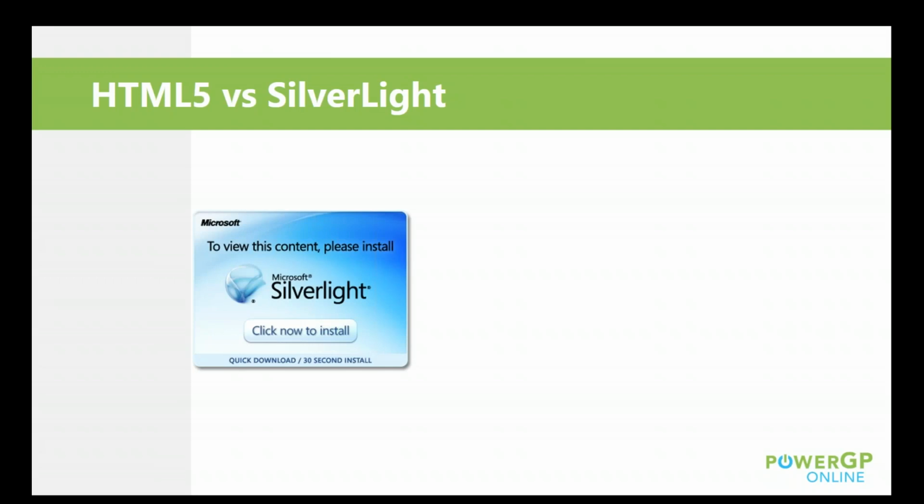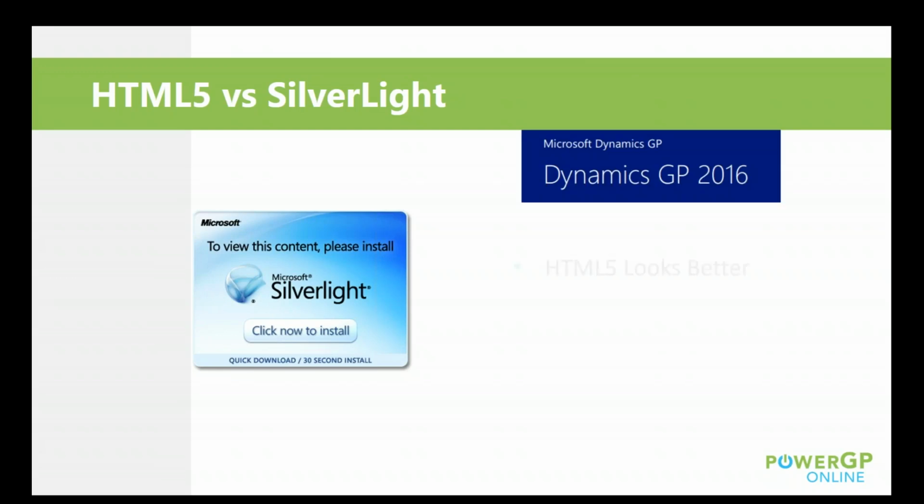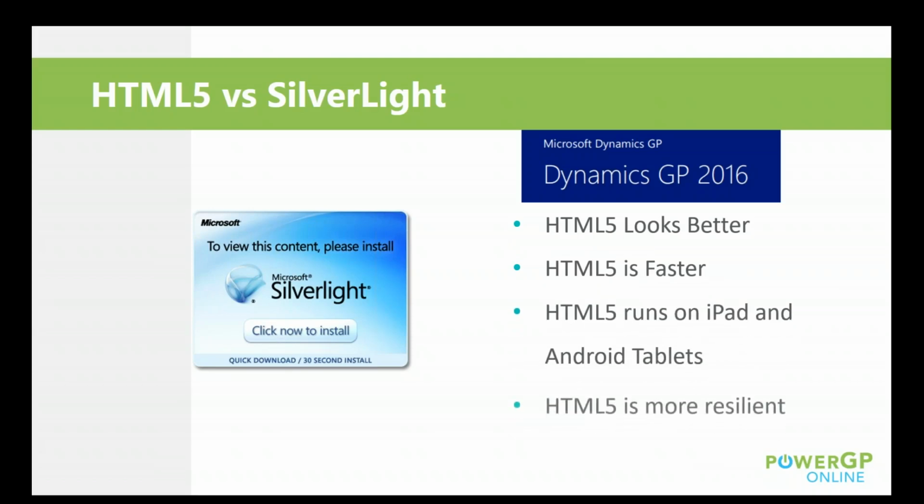It still meant GP was built in Dexterity, which is built on the language C. So it still had that same kind of look and feel, but it would only work on a Windows machine. And in 2016, they opened it up to HTML5. And what that meant is we had a newer, fresher, better look. It runs significantly faster.